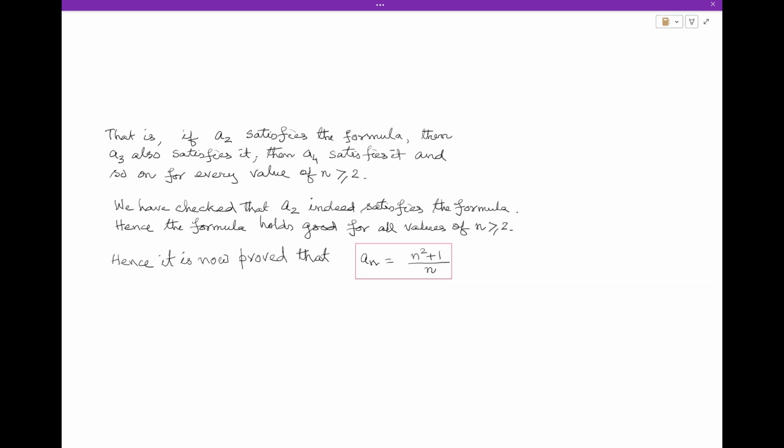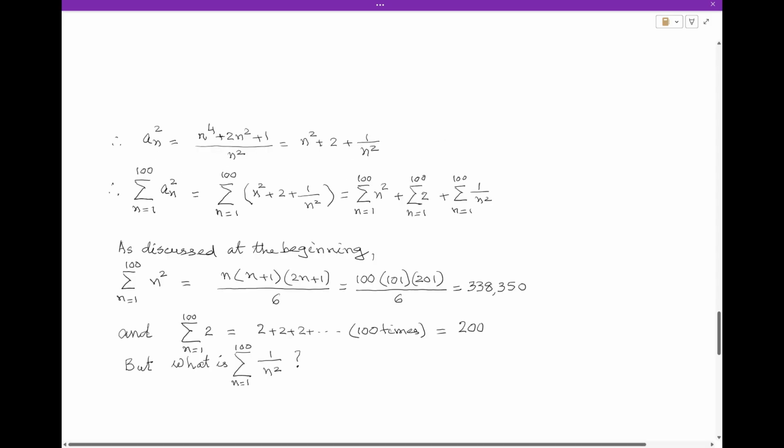So this formula should hold good for every value of n greater than or equal to 2. We have already checked that A2 indeed satisfies the formula. Hence, the formula holds good for all values of n greater than or equal to 2. Therefore, now it is proved by method of induction that an is equal to n square plus 1 divided by n.